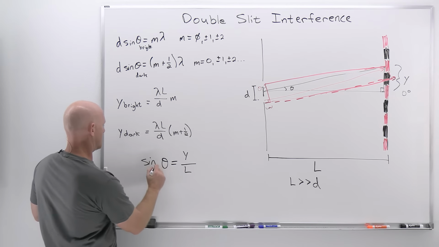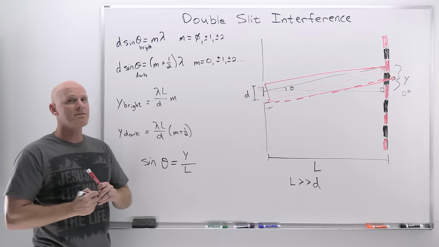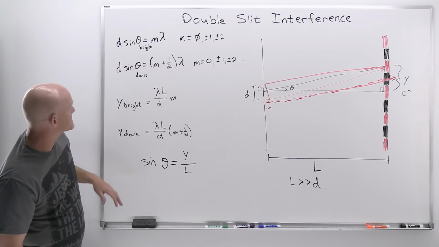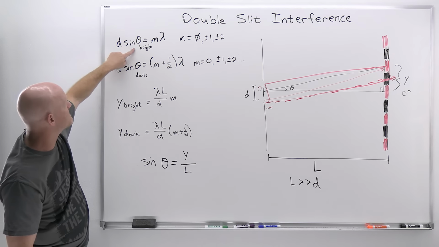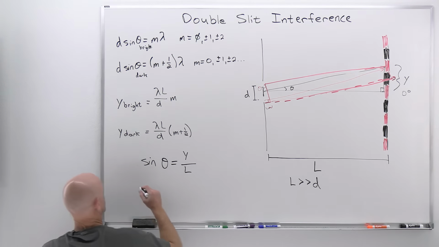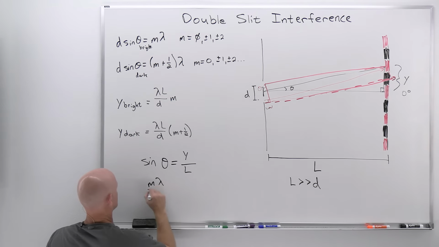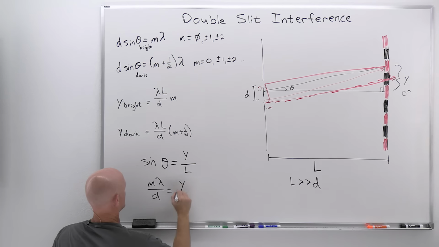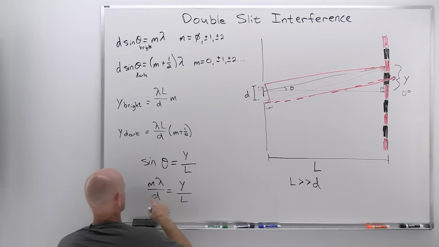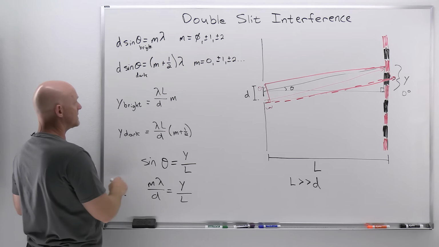So now sine theta equals y over L, again for very small angles of theta. If we rearrange this just a little bit, going up here, we saw that sine theta was equal to m lambda over d, and we're going to substitute that in. So here, m lambda over d is going to equal y over L. And if we rearrange this and solve for y, we see it would equal m times lambda times L over d.